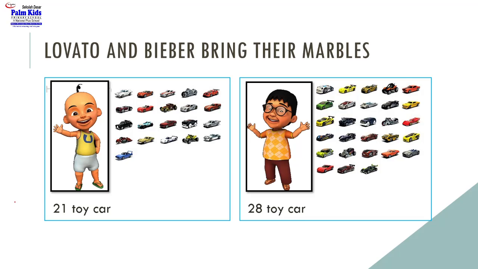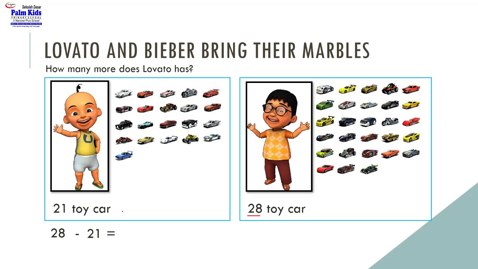Now, what if the question asks you, how many more does Ehsan have? First, we write the bigger number, which is Ehsan's cars, and then we subtract the smaller number. And now we count.